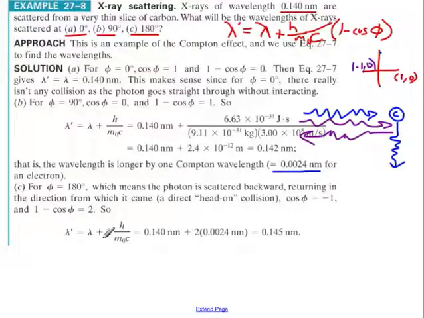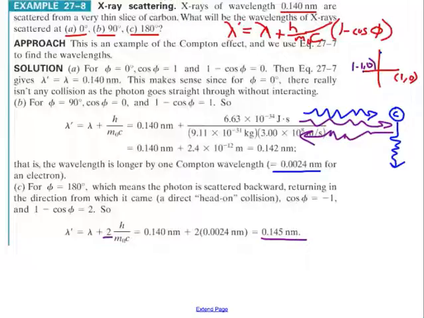So that's why you get this 2 down here. So now the new wavelength of this X-ray is going to be the old one plus even more. So this is going to be the most you could possibly get in terms of change in this interaction. So it's going to be quite a bit longer, I would say. Well, I don't know, it depends on your definition of quite a bit. But that's how much that X-ray has been changed by in this scattering problem.